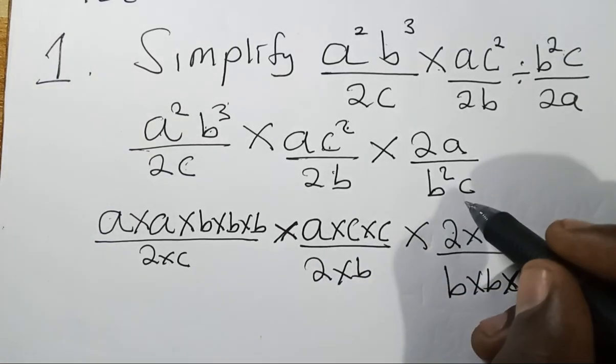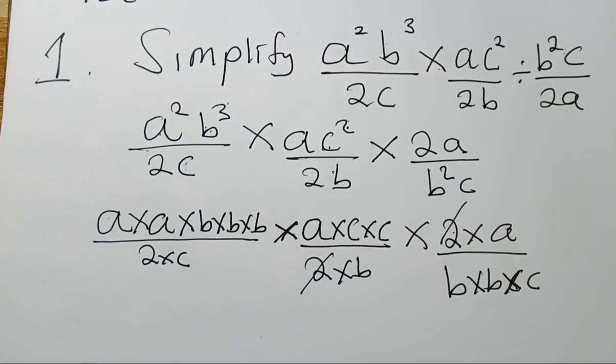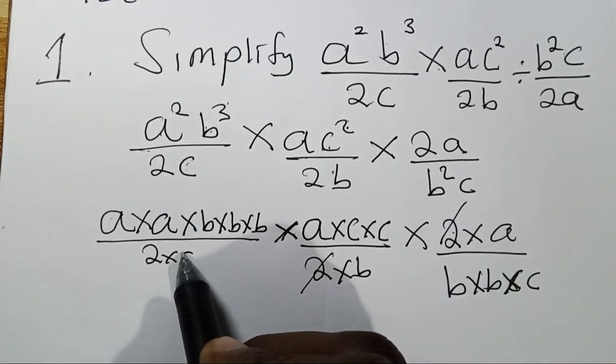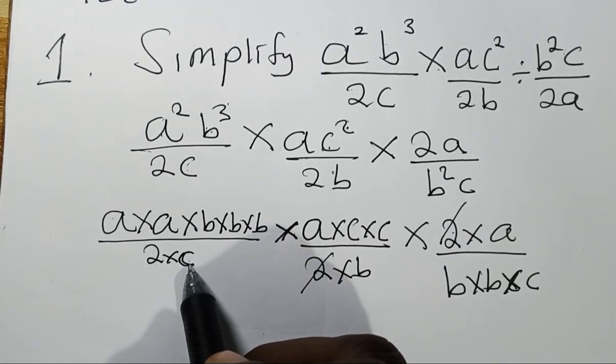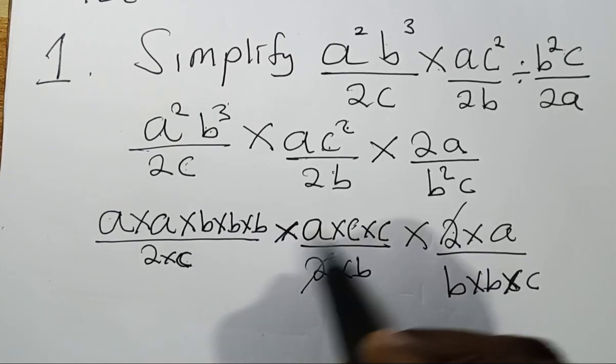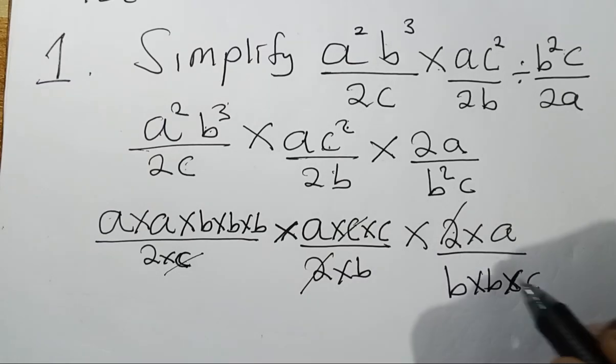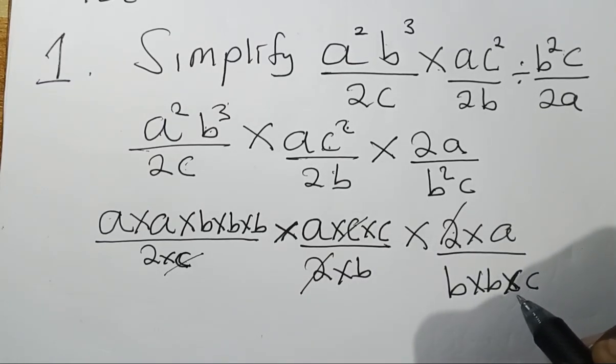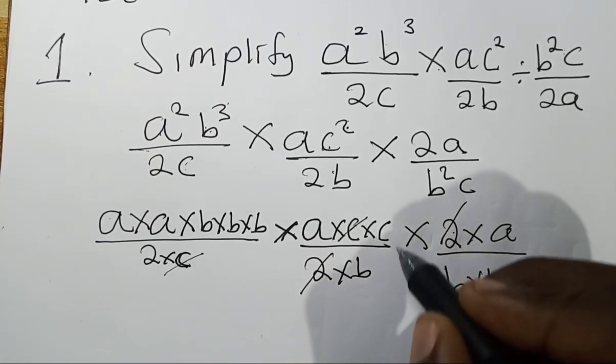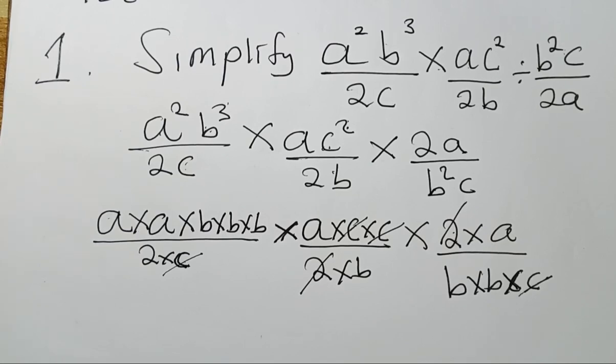So you cancel this 2 and that 2 goes. Now let's look at the letters. You have a c here, a c here, and a c here. So this c and this one can go. You have another c here, this c, and this c here also cancel.